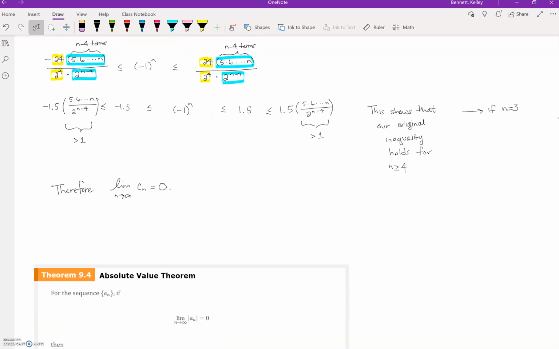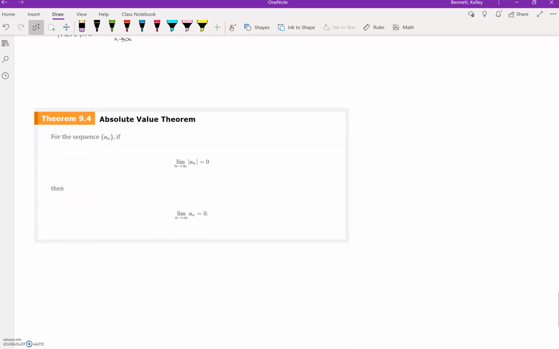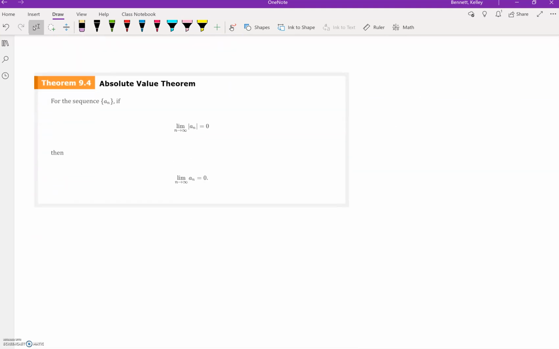Okay, so now here's the part where you get really mad at me, because there's also this other theorem, the absolute value theorem. So if you have a sequence a of n, if the absolute value of its limit is 0, then the limit of the regular guy is also 0.